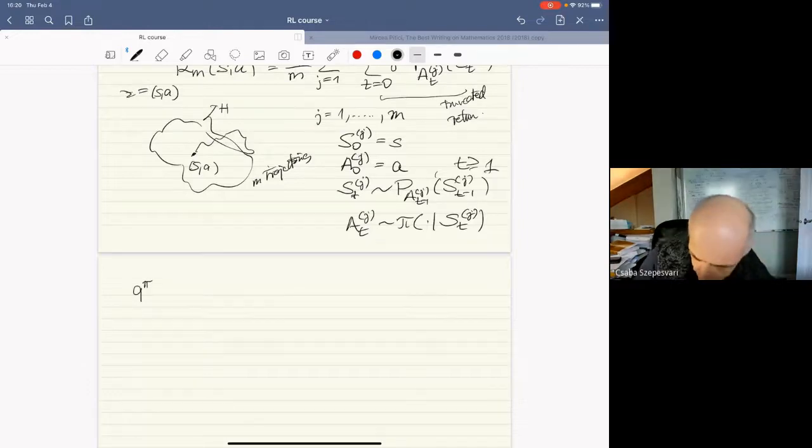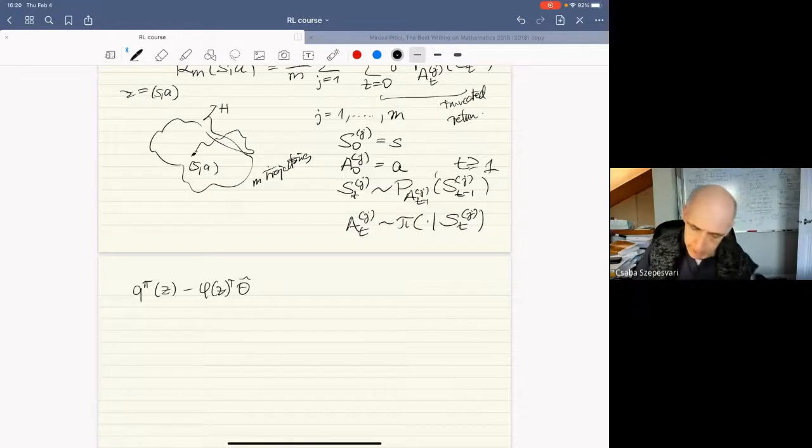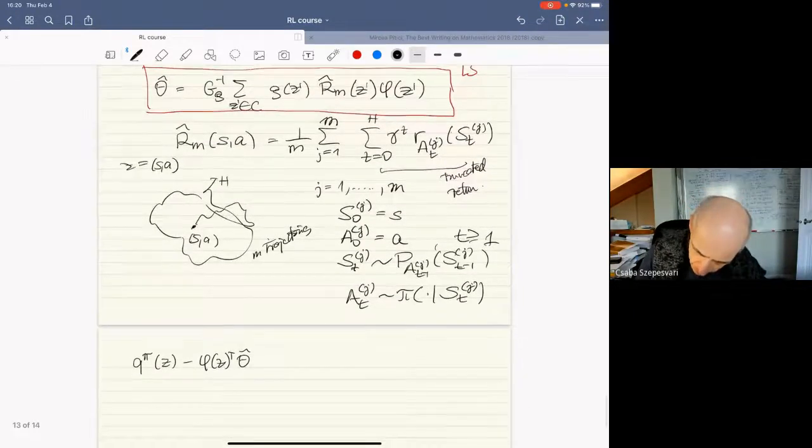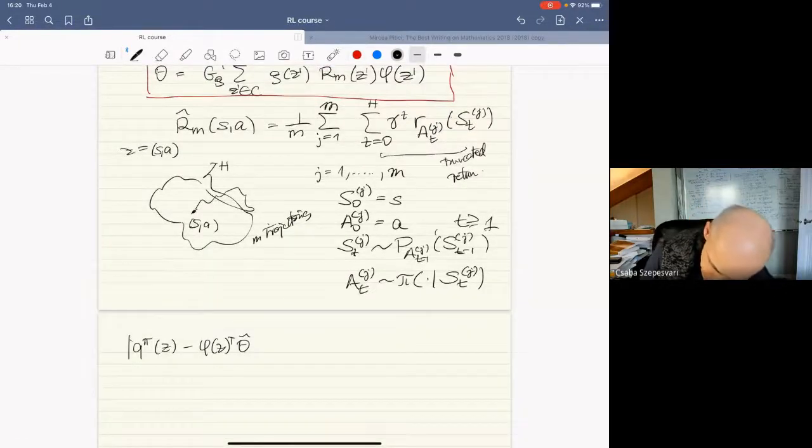So Q of pi at z minus phi z transpose theta hat. I want to bound this error.